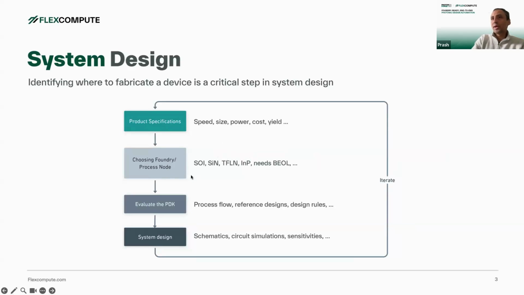And once you choose that, the technology stack is what we call our process node. You then look at the foundry. You go talk to the foundry. You sign an NDA. You get their PDK, which has information about the processes that they use to design that particular chip. It has some reference designs, also design rules. And you eventually feed that back into your system design, run maybe some circuit simulation, do some sensitivity analysis, and then you do this iteratively.